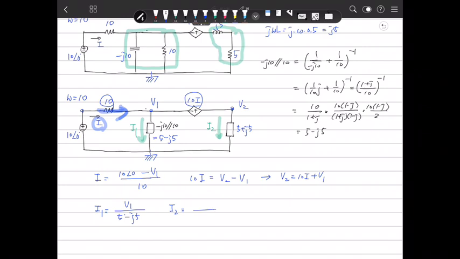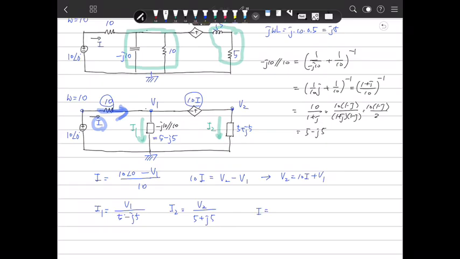And I2 is V2 divided by 5 plus j5. Then what should we do? Then we summarize this relationship, its current and voltage here. So we can make equations.